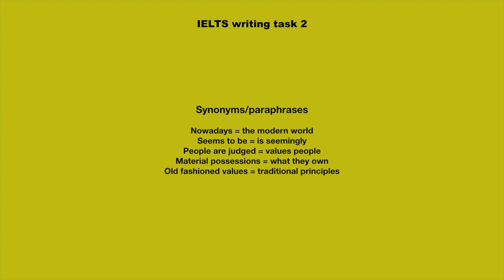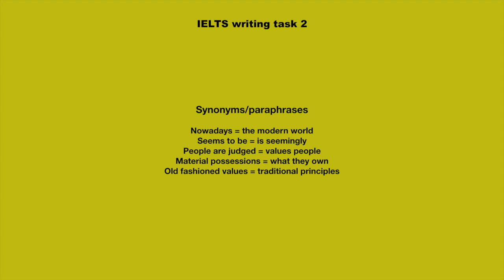Instead of people are judged, I've changed that to values people. Instead of material possessions, I've changed that to what they own. And instead of old-fashioned values, I've changed that to traditional principles.